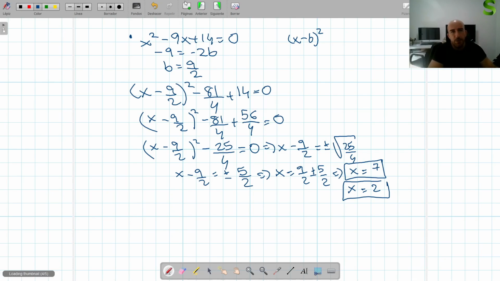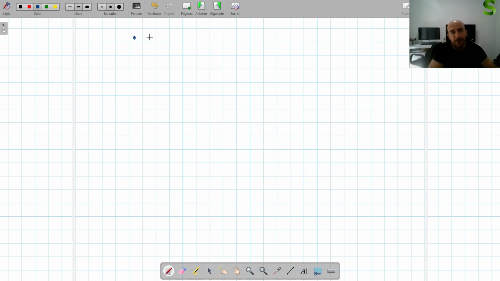And the last question which might arise is what happens if we don't have a 1 in front of the term with the x squared. Okay, so for example, let's look at this example. Okay, so what happens here? Absolutely no problem. What I'm going to do is I'm going to factorize.